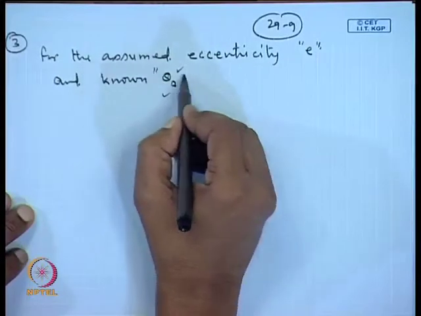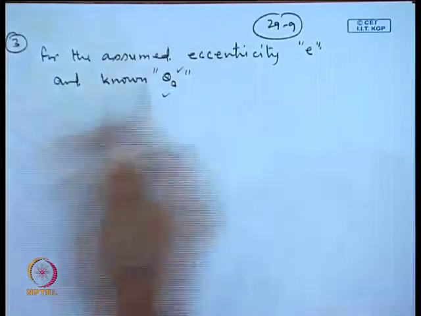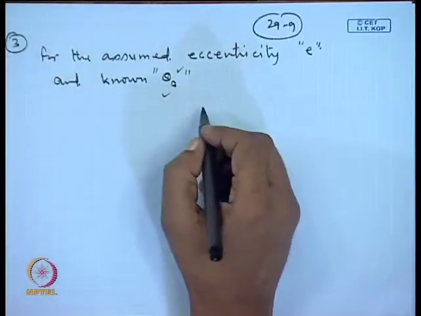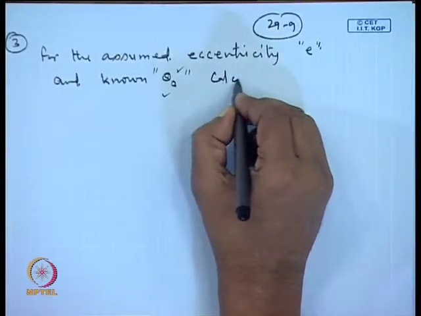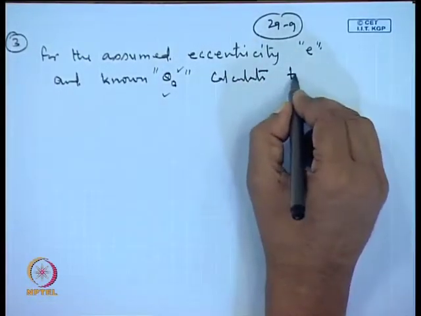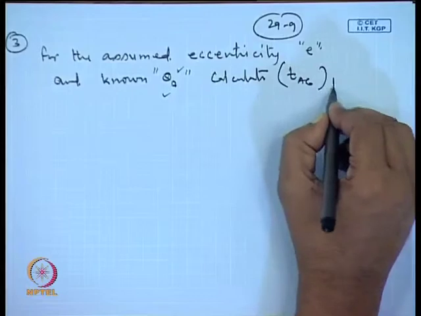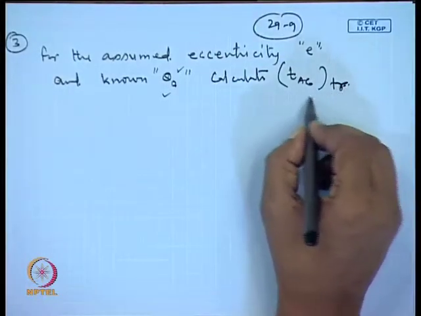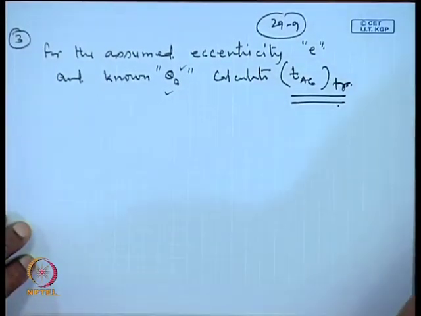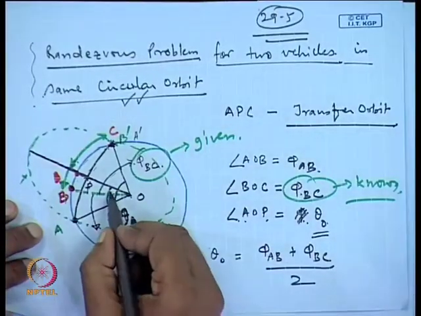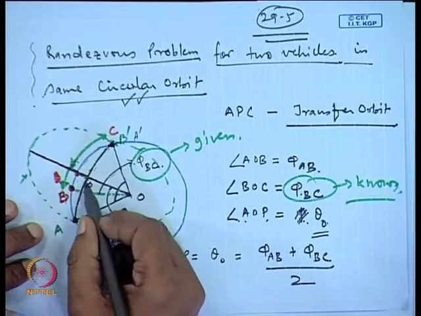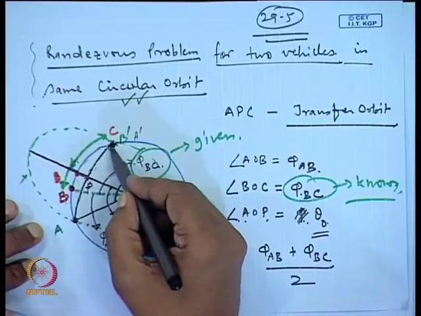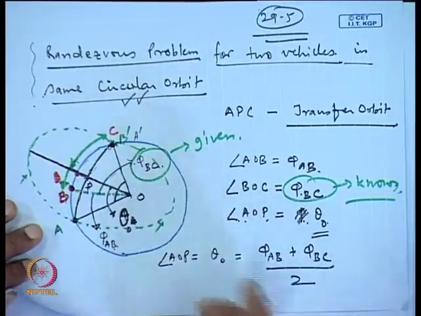So, for known theta 0, we will just calculate it for half of the angle. So, how much time it is going to take for half of the angle, and therefore the time to go from A to B will be just double of that.